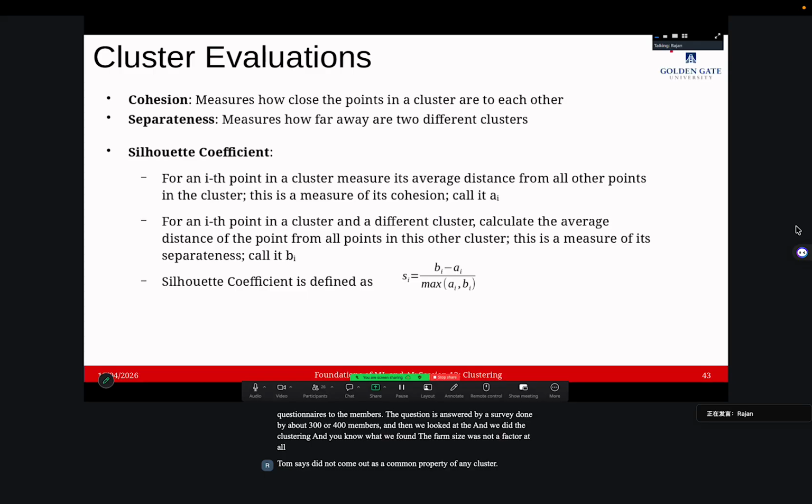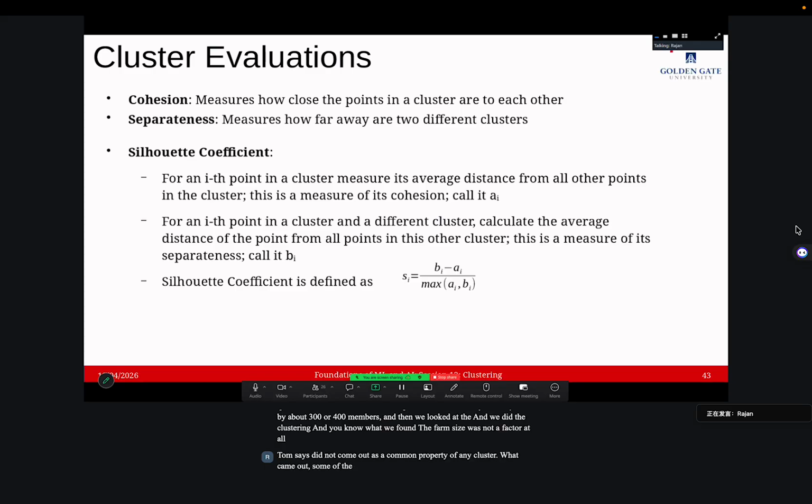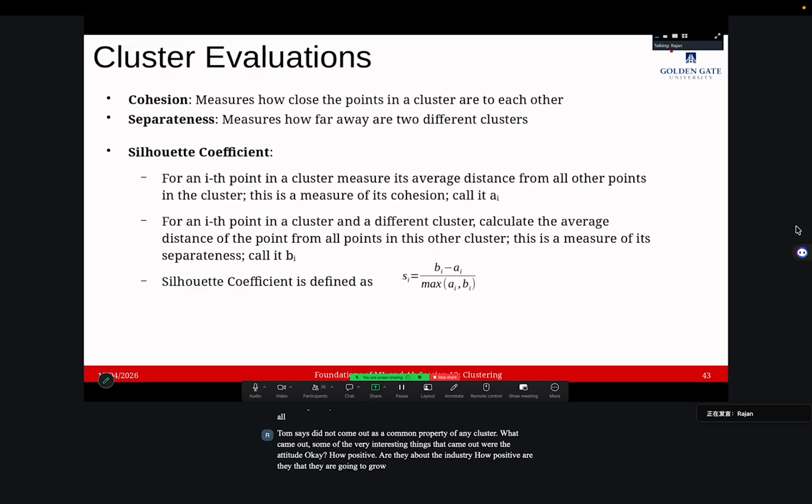Some of the very interesting things that came out were the attitude. How positive are they about the industry? How positive are they that they are going to grow in the next 5 years? How much are they thinking about diversifying into different areas?